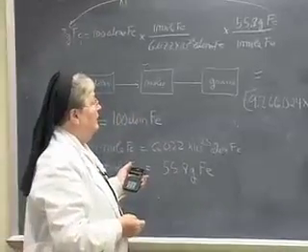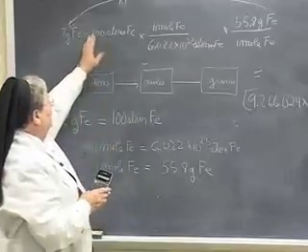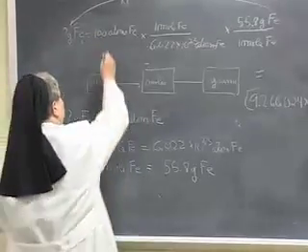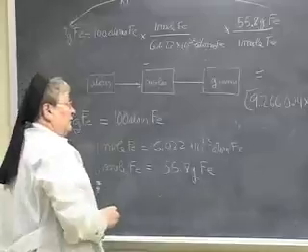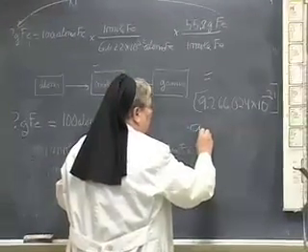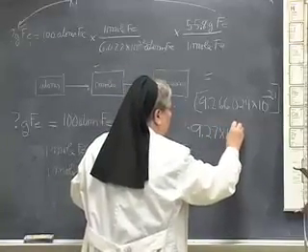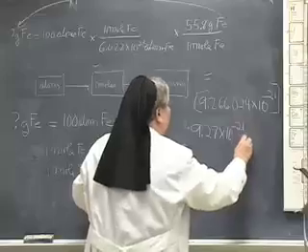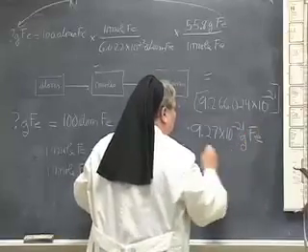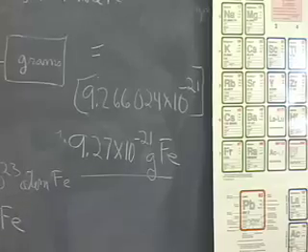However, as you know, that would not be your correct answer because I should not have any more than, at the most, if there's a period here at the end, 3 significant figures, so I'd have to say 9.27 times 10 to the minus 21 grams of Fe. And that's the answer.